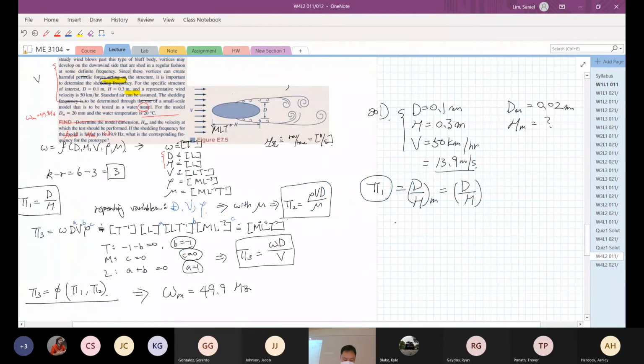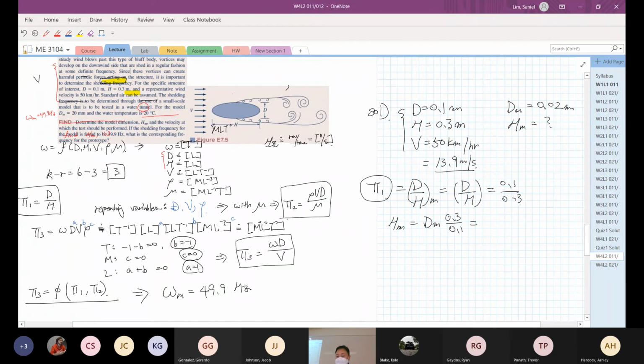What you have here is 0.1 over 0.3 for the actual device. So let's just solve it like this. When you're looking for HM, it is going to be dm times 0.3 over 0.1.